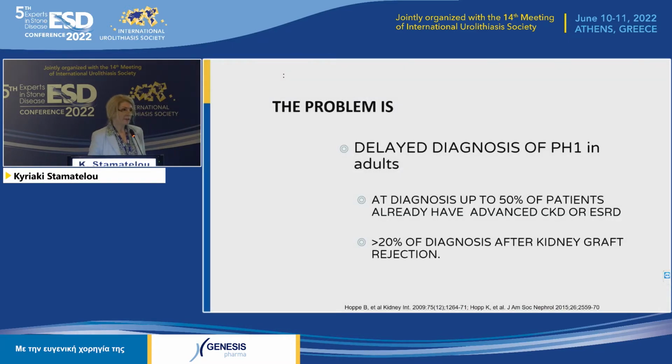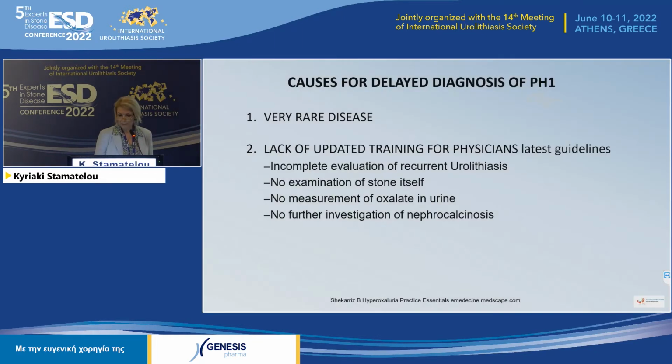We still have a huge problem. The problem is our delayed diagnosis. 50% of the patients at the time of diagnosis already have CKD or end-stage kidney disease. And more than 20% of the patients are diagnosed after the disease has rejected the graft.